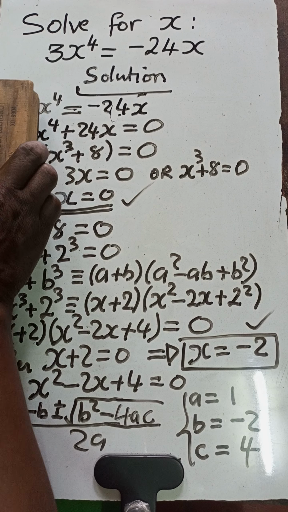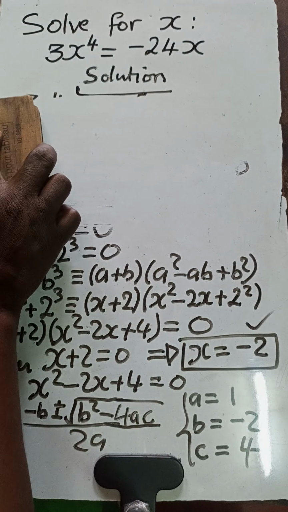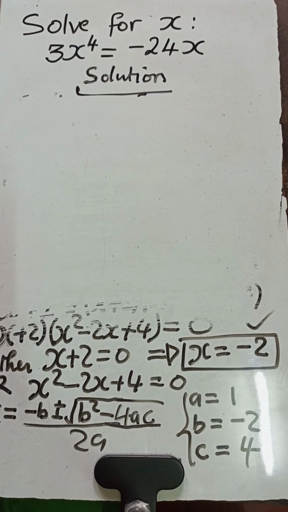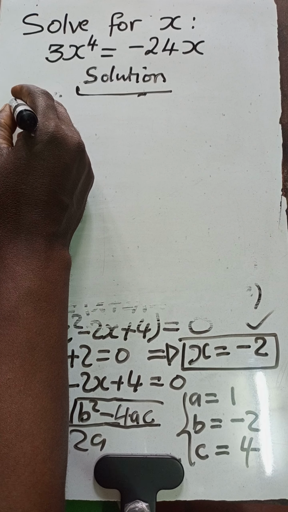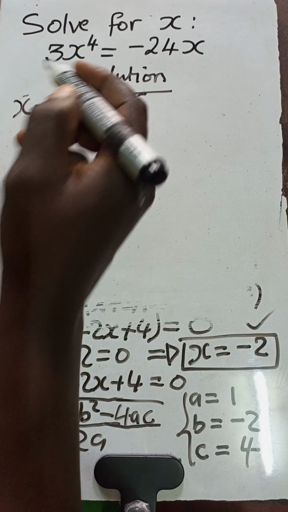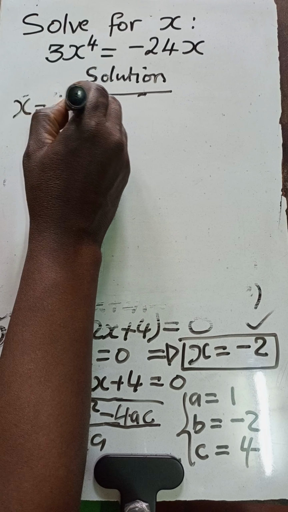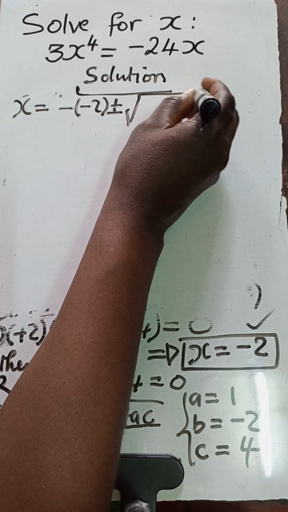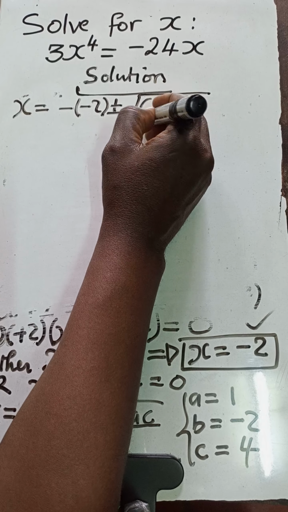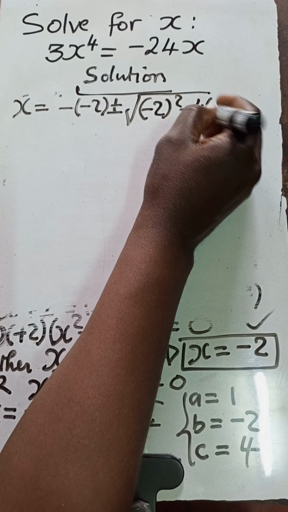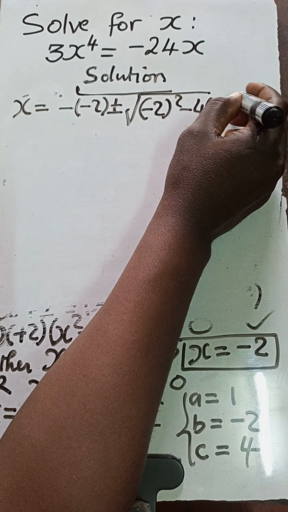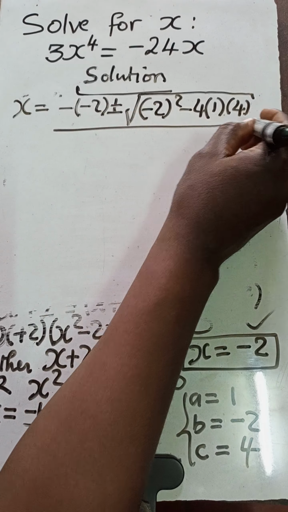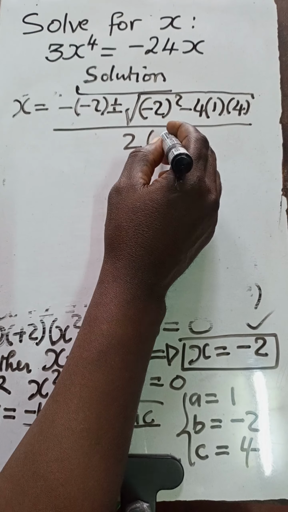So let's continue up there. We have the values of x equal to negative b, negative negative 2, plus or minus the root of negative 2 squared minus 4ac, all of that divided by 2a.